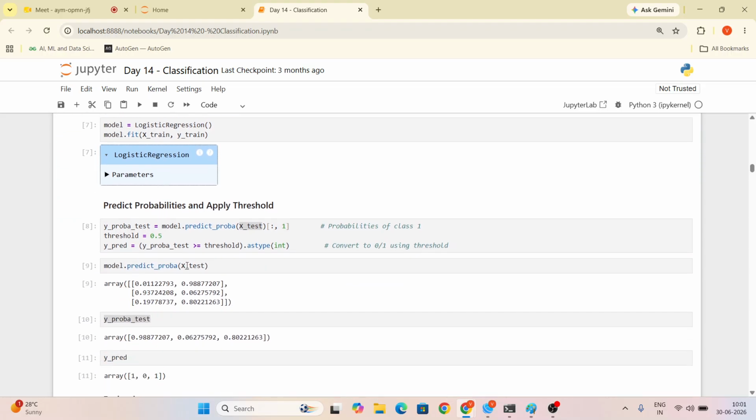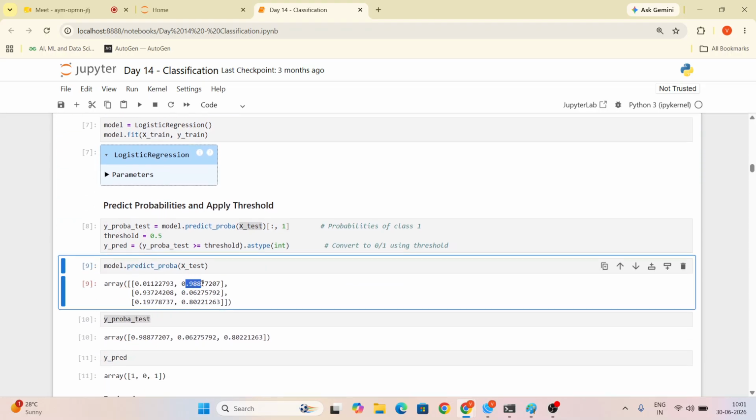If he studied 9 hours, his pass mark is 98 percentage and his fail mark is 0%, 1% something. If he studied 2 hours, what is his pass percentage? 6. What is his fail percentage? 93.